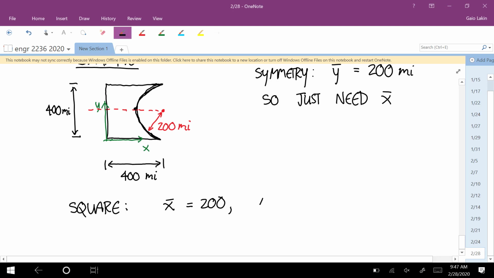The area, so I'll call this A sub S. The area is 400 times 400, so that is 16 times 10 to the 4. So that's 160,000 square miles.